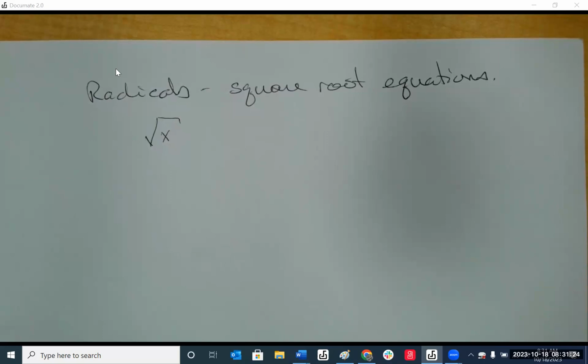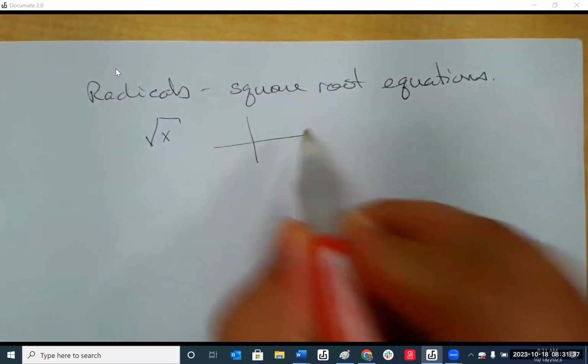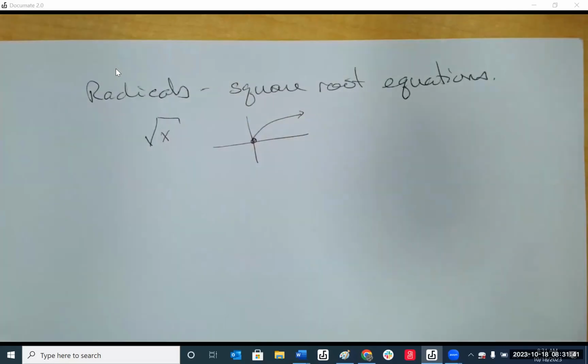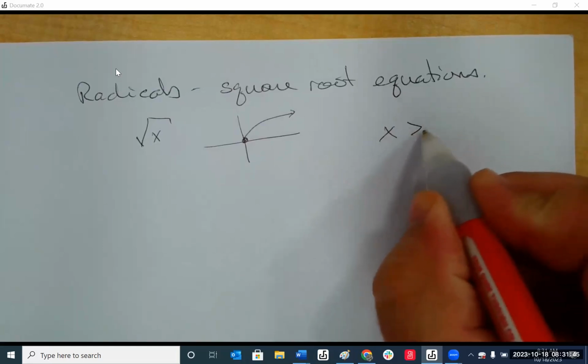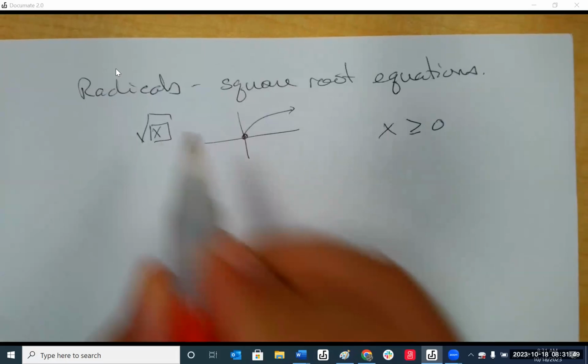What's our domain? What's the graph look like? If you remember the graph, it starts at 0 and it goes like this. So x has to be greater than or equal to 0. In other words, inside the radical cannot be negative.